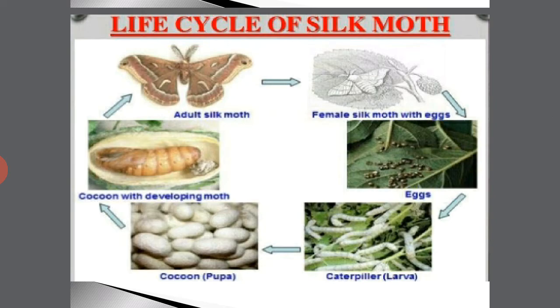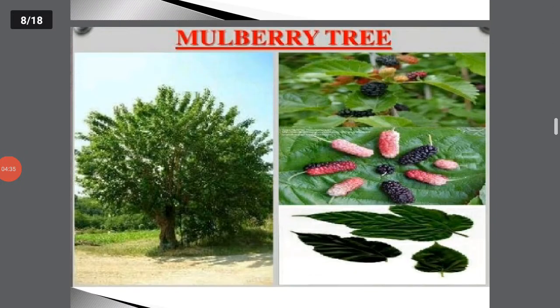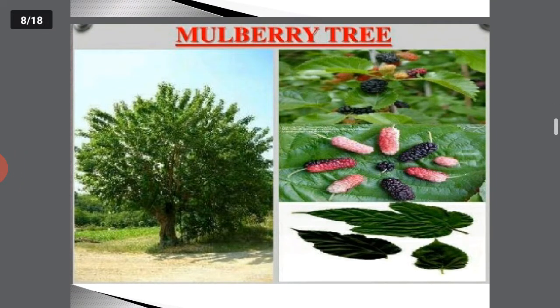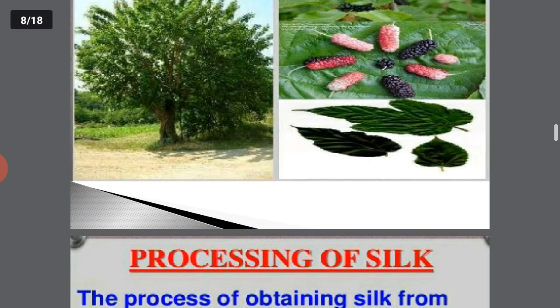You can see in the diagram the steps we studied in earlier slides. Eggs are converted into larva, then cocoon, then adult moth. I will also show you the picture of the mulberry tree on which the silk moths are reared.